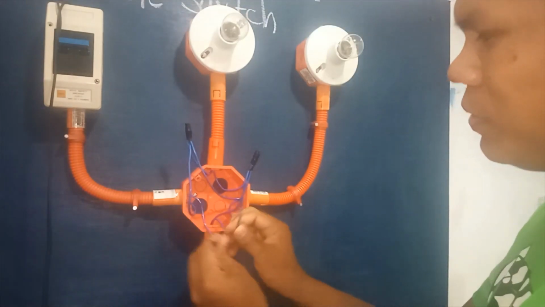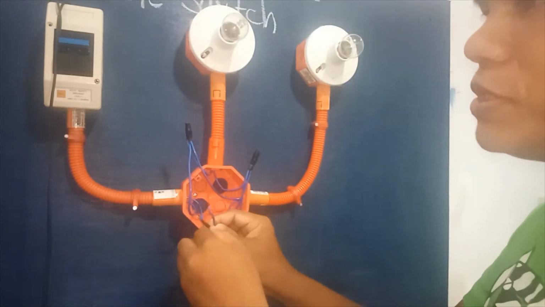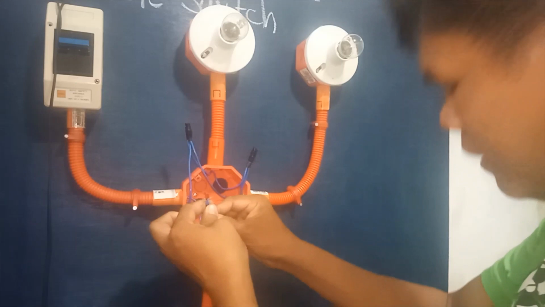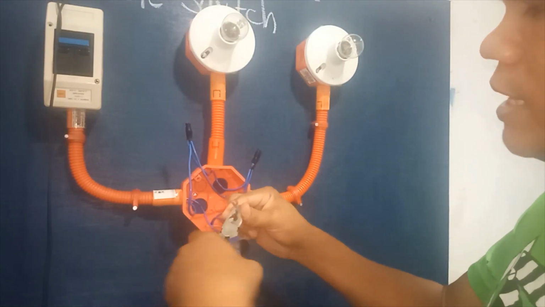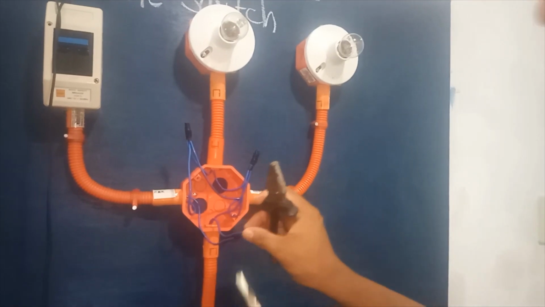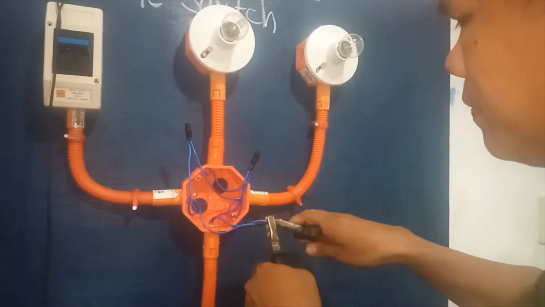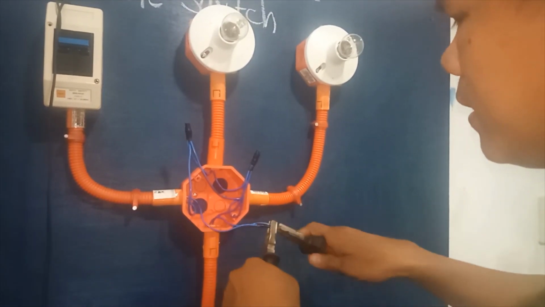So, itong dalawang itong natitirang wire sa ating third cycle, dapat i-connect na lang natin diretso guys to execute our third cycle. Ayan guys. Okay? So, ito po guys. Connect na lang natin ito.